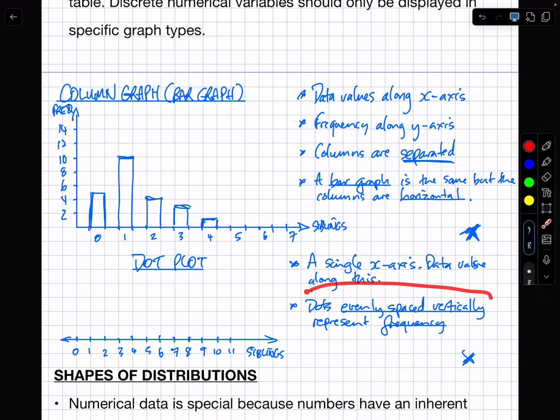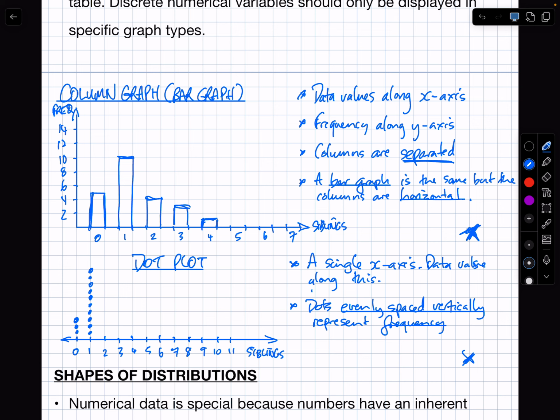We just put dots that are evenly spaced above the number. So how many people had 0 siblings? 1, 2, 3 dots. How many people had 1 sibling? 10. 1, 2, 3, 4, 5, 6, 7, 8, 9, 10.